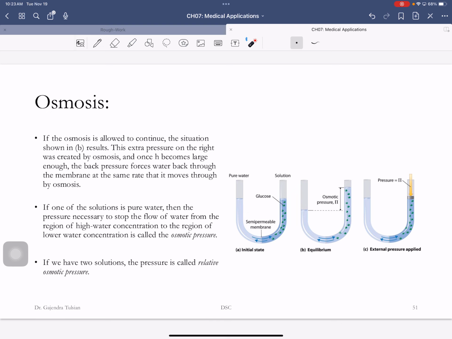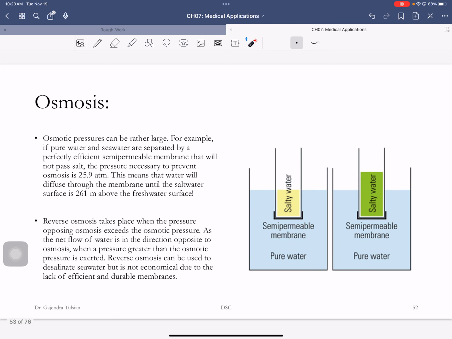So what that means is, if you want to desalinate seawater through a membrane, the pressure you would have to apply is 26 atmospheres. And that would cost you quite a bit. Reverse osmosis takes place when the pressure opposing osmosis exceeds the osmotic pressure.